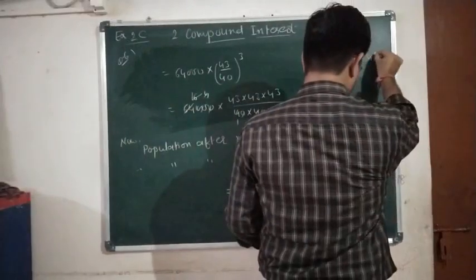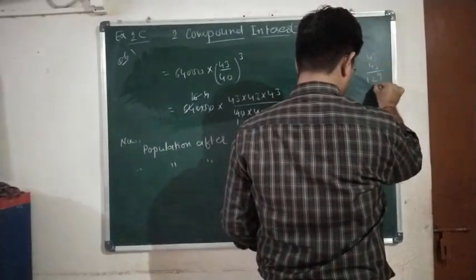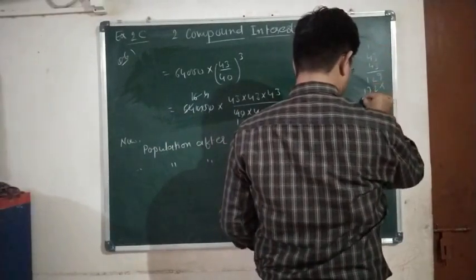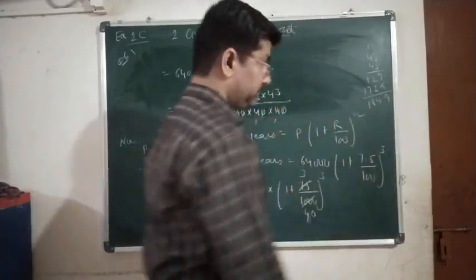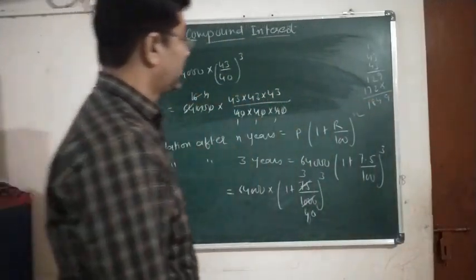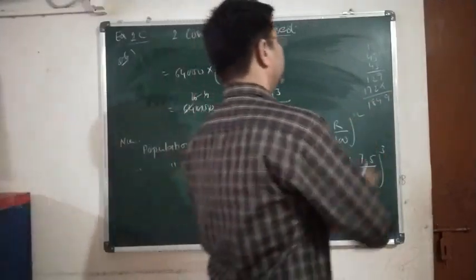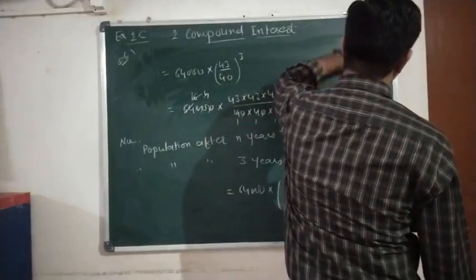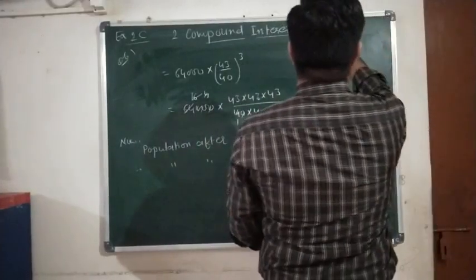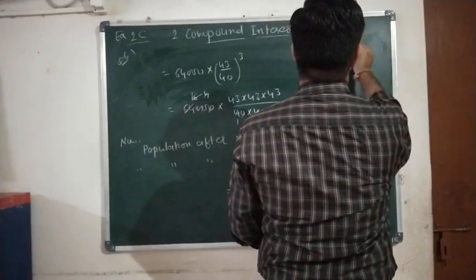Okay, 43 into 43 is 1849. 1849 again multiplied by 43.